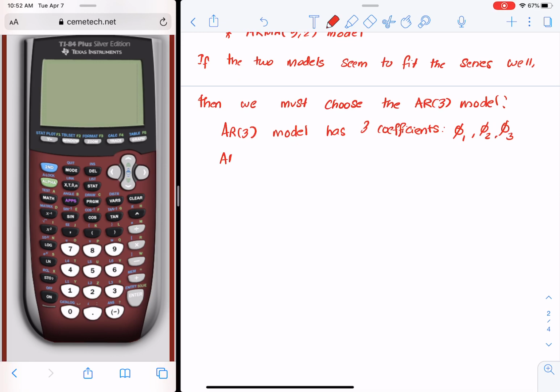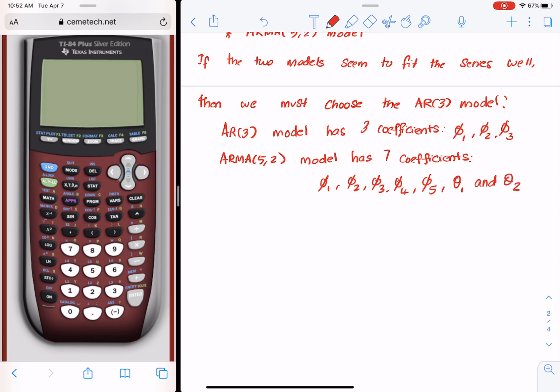And an ARMA 5,2 model has 7 coefficients, which should be phi1, phi2, phi3, phi4, phi5, and theta 1 and theta 2.